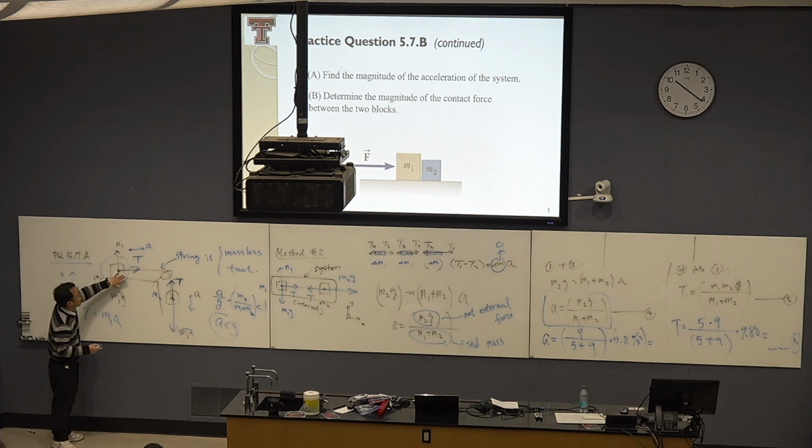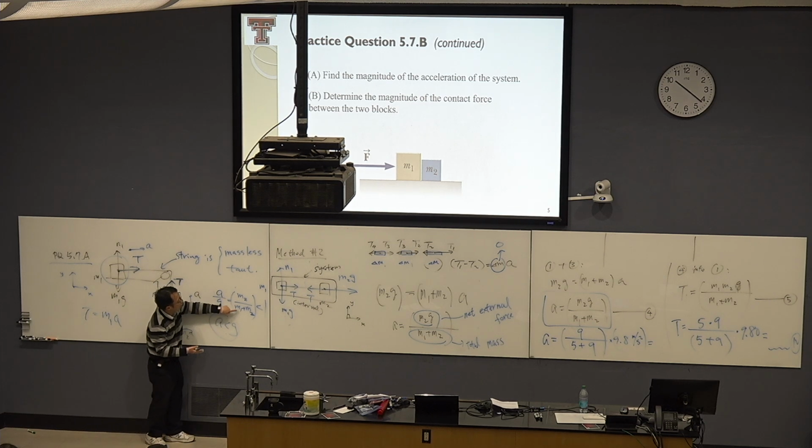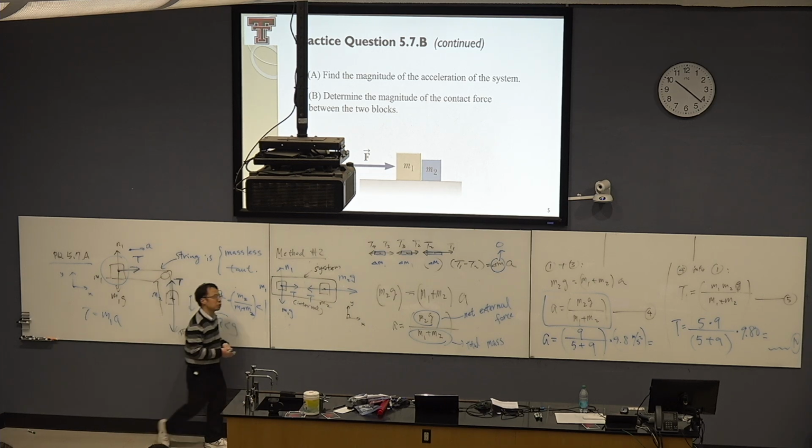The purpose of that machine in the previous problem, called a simple machine, is to achieve motion with a constant magnitude of acceleration, say for m1 here, without the help of your hand. You don't need to pull it, because if you pull it, it will not be a constant acceleration. The drawback is that the constant acceleration is less than G. But if you tune the masses, then you will be able to tune that acceleration.